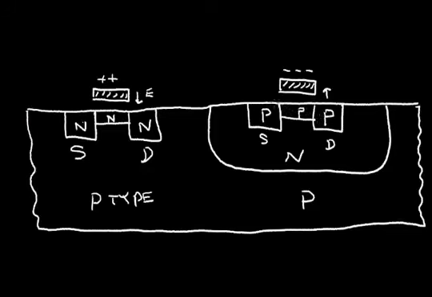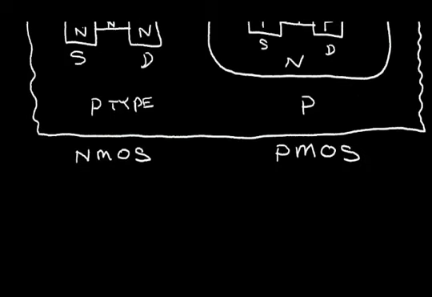So since the mobility of the n-type material is greater than the mobility in the p-type material, this transistor at the left, which is an Nmos transistor, will have better characteristics than the transistor on the right, which is a Pmos transistor.